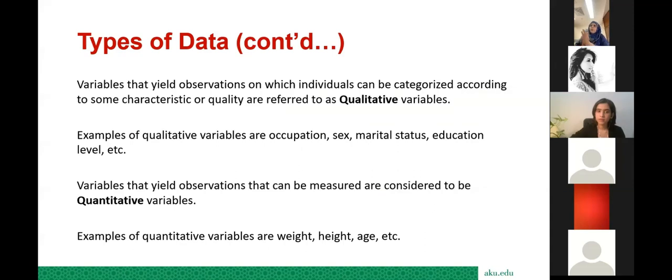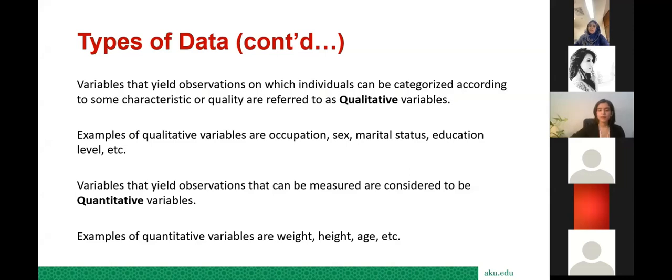As I mentioned earlier, qualitative variables are variables that have categories, right? For example, if you are looking at gender, male and female is a qualitative variable.